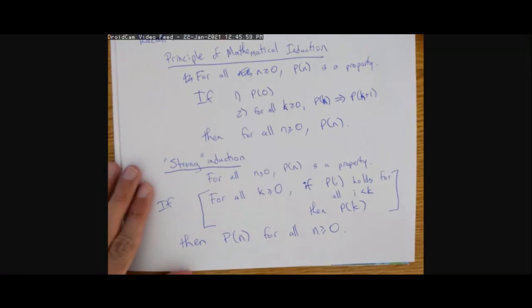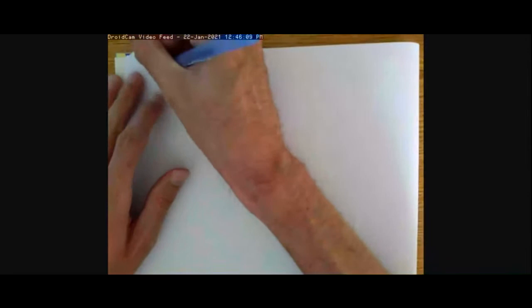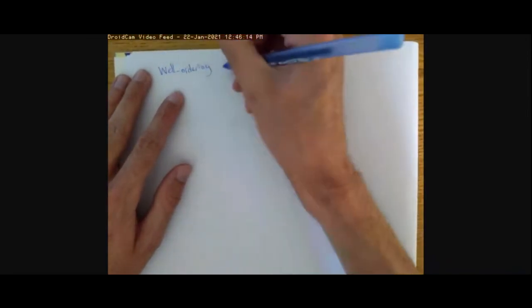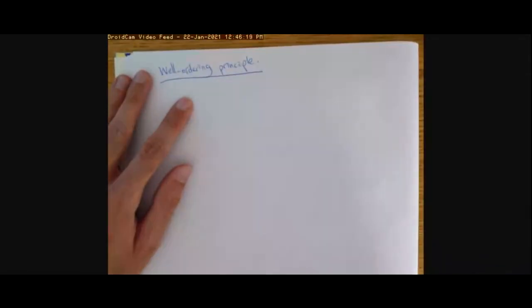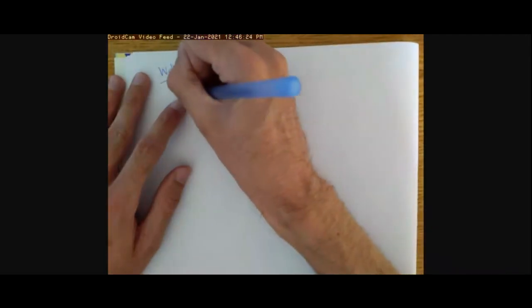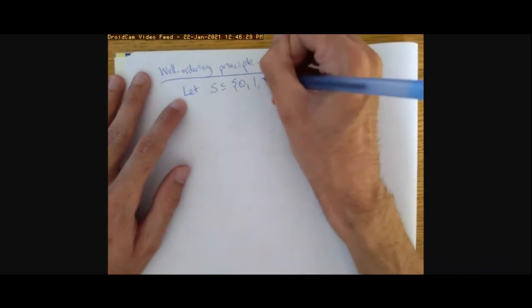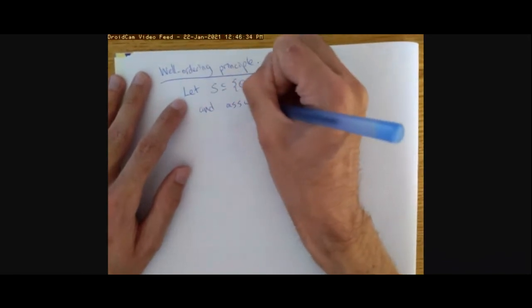And then the third thing I'll state is the well-ordering principle. This just says let S be a subset of the natural numbers and assume S is non-empty.